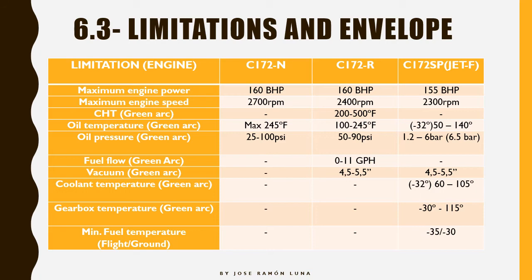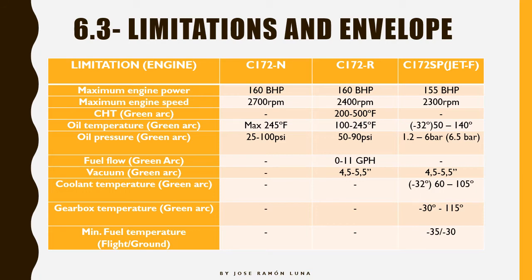So now we have the gearbox. We already talked about this. There is a gearbox connected to the FADEC that is going to change the pitch of the propeller blade to create the maximum efficiency. So that gearbox needs at least minus 30 degrees and maximum 115 degrees because it has some liquid in it to work, some lubricant, and it needs to be at a temperature to be working properly.